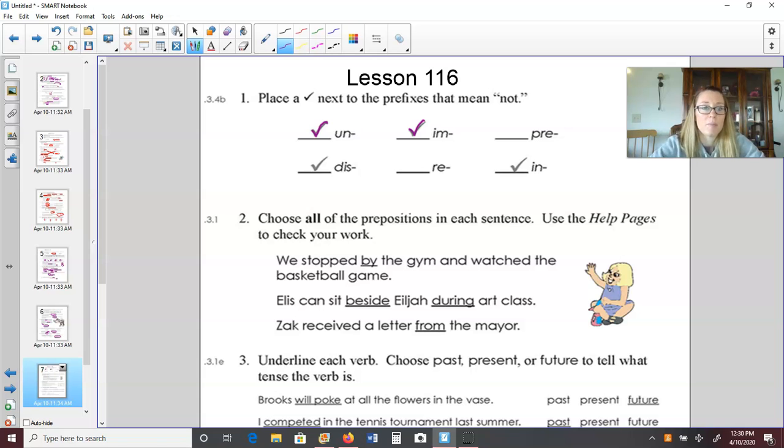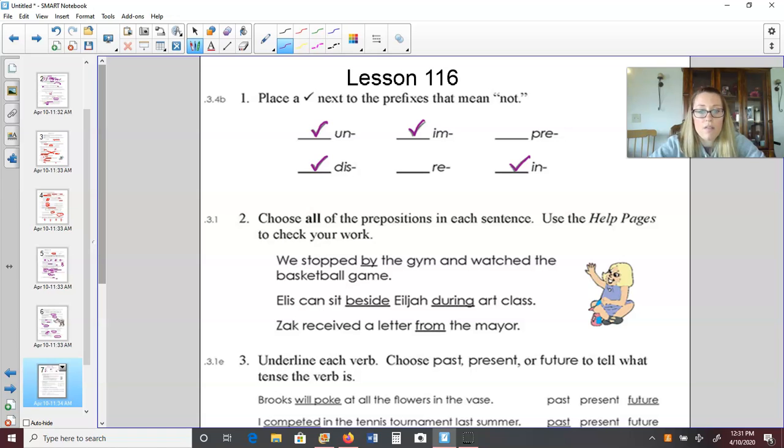No, it means to heat it before. If you are disrespectful, it means not respectful, so dis means not. Like if you replay the movie, does that mean to not play it? No, it means to play it again. How about incorrect? That means to be not correct. So those four prefixes mean not.